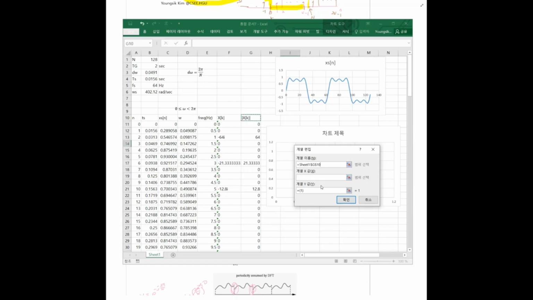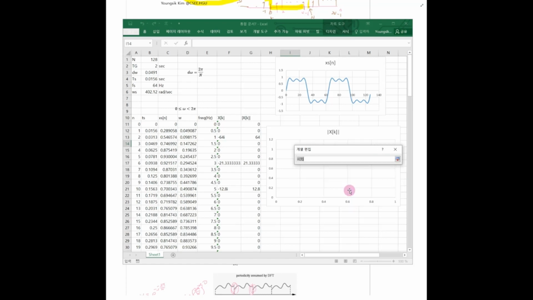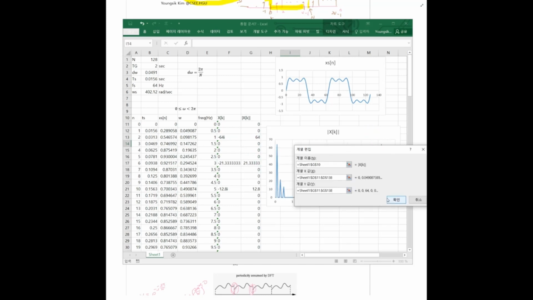This one I would like to plot the magnitude. For the X range at this moment I would like to use the normalized frequency, so 138. This is the normalized frequency, and the output data is this one, 138.